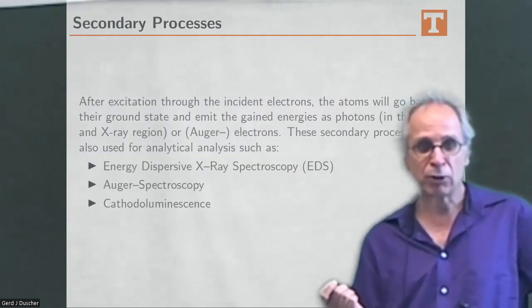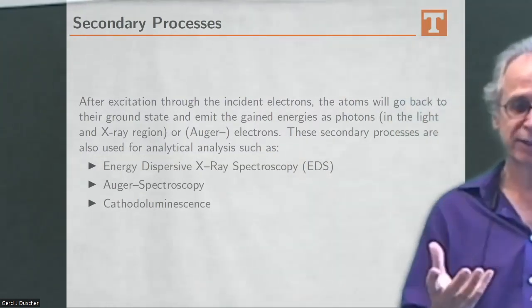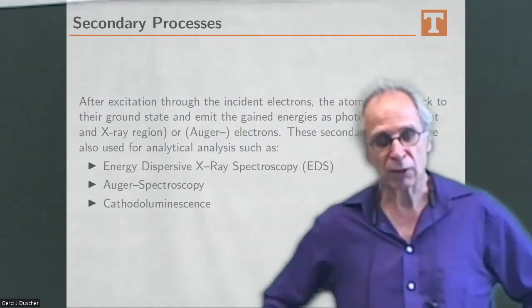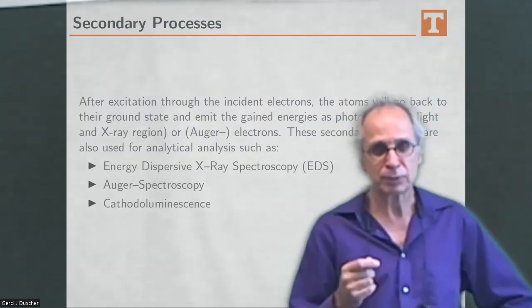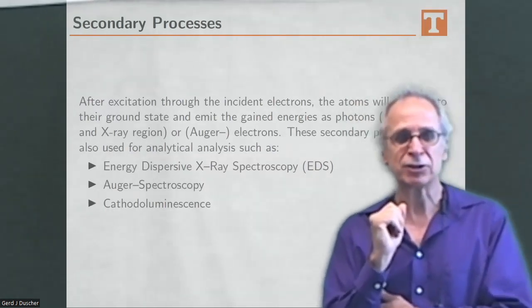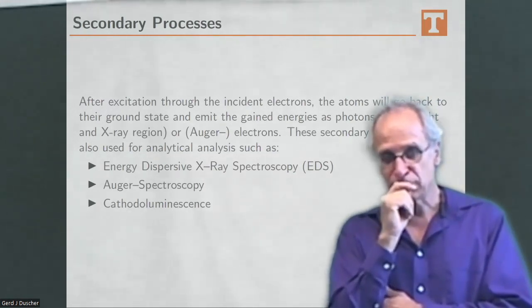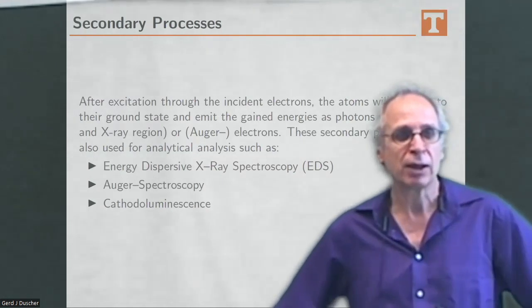The secondary processes, as I said, the atoms that are excited have to go back to the ground state. This is different from any other excitations you might know about. And the reason is we don't have so many electrons.